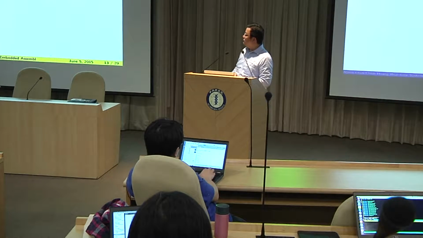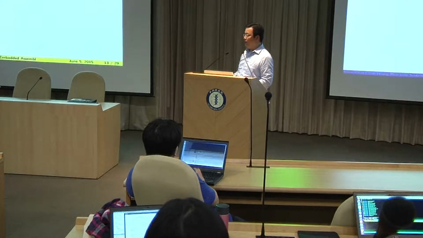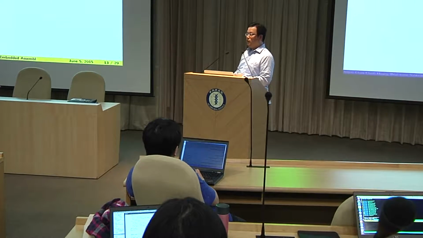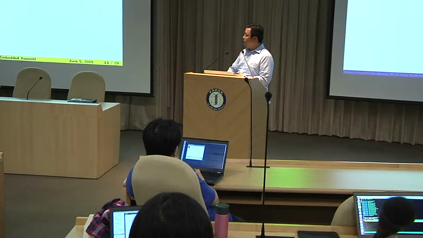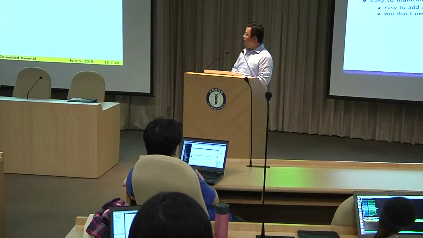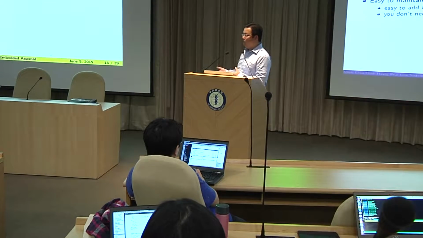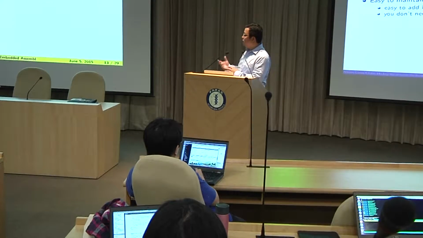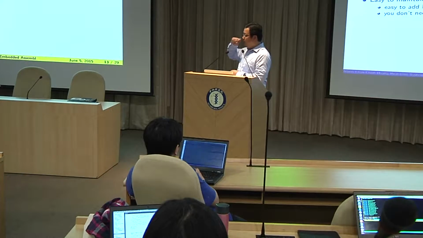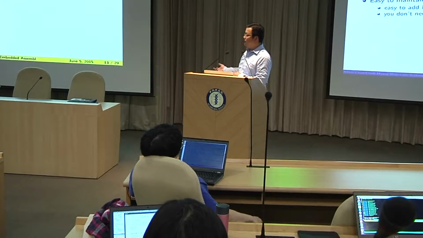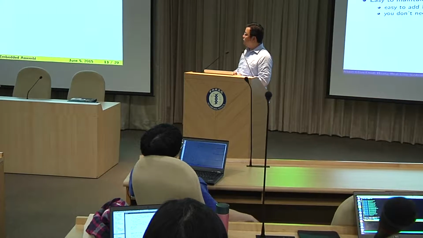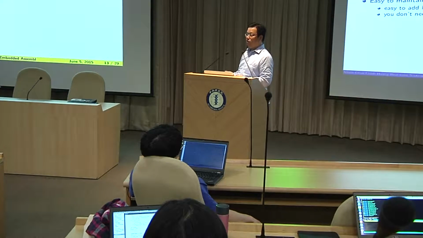So our design consideration is code size must be as small as possible. So we need to try a lot of combinations. And we want it easy to maintain. That means it's easy to add handlers of leaves by other engineers. And you don't need to trace the parse engine very often.